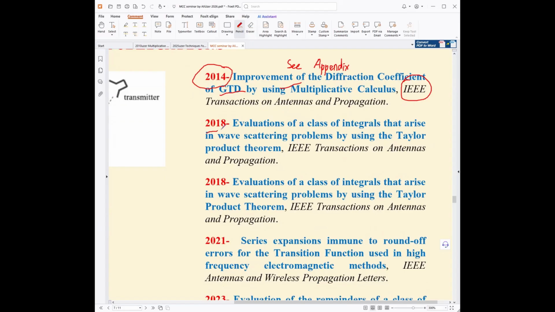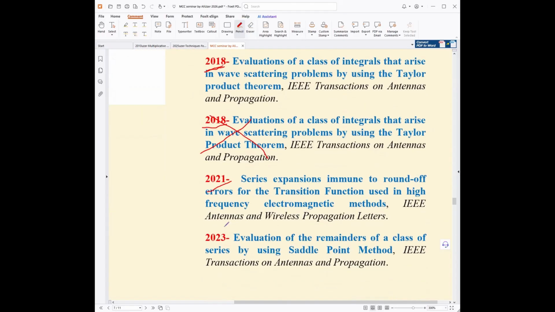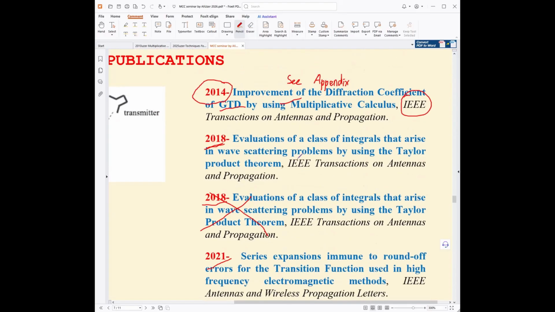In 2018, 2021, 2023, similar problems and similar approximations are used in these papers.